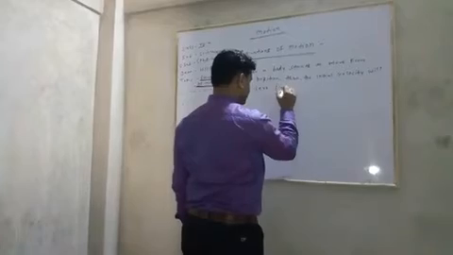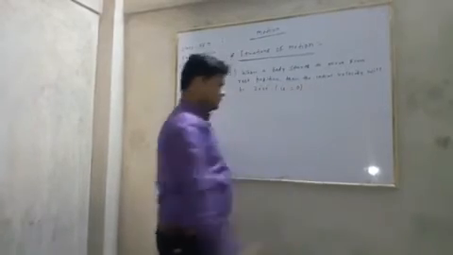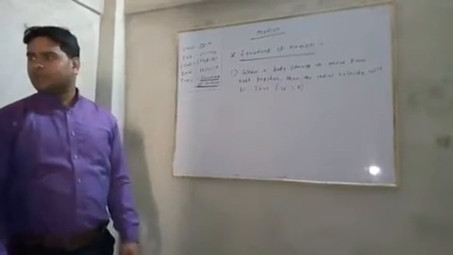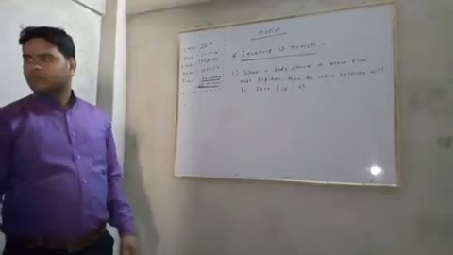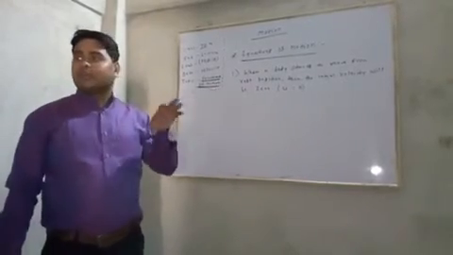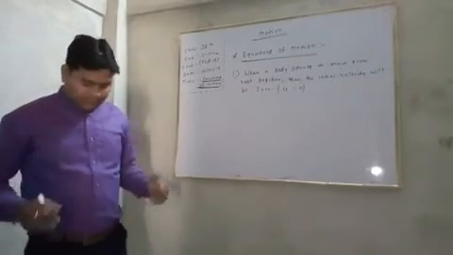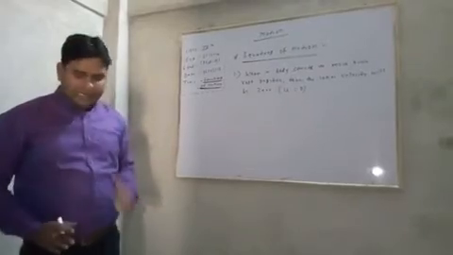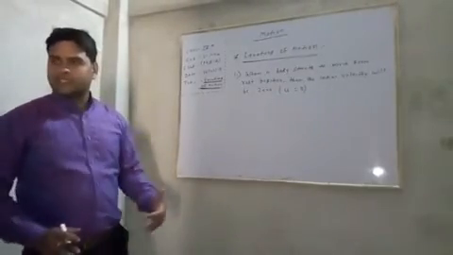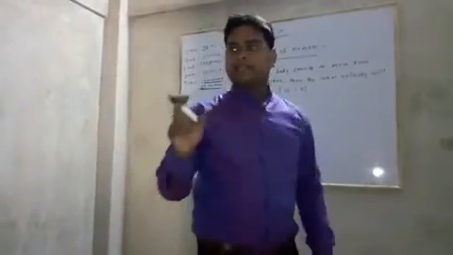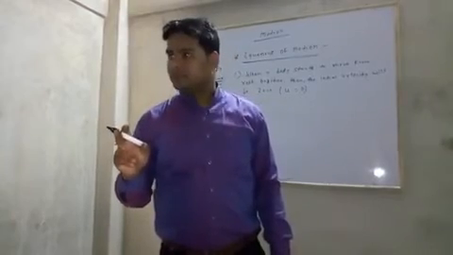Means U is equal to 0. Initial velocity is denoted by symbol U. When a body starts to move from rest position, for example, I am in rest position. When I start to move from this position, then my initial velocity will be 0.